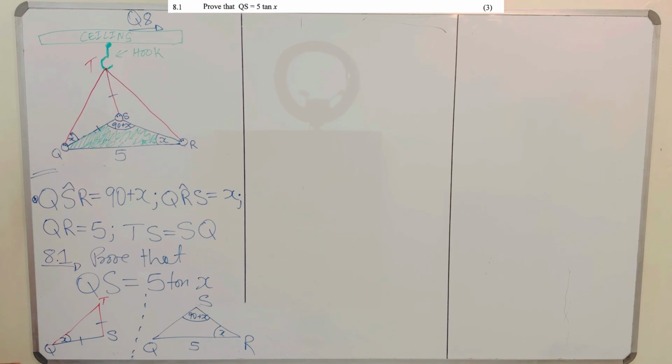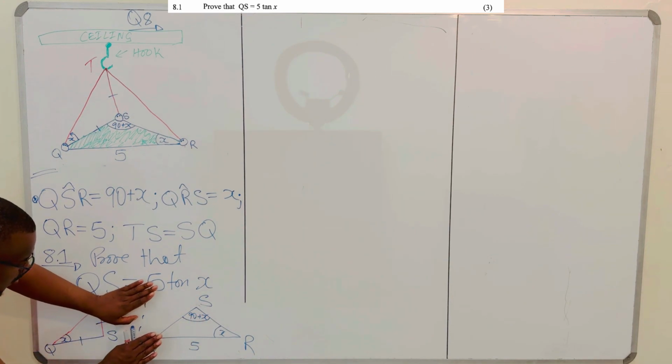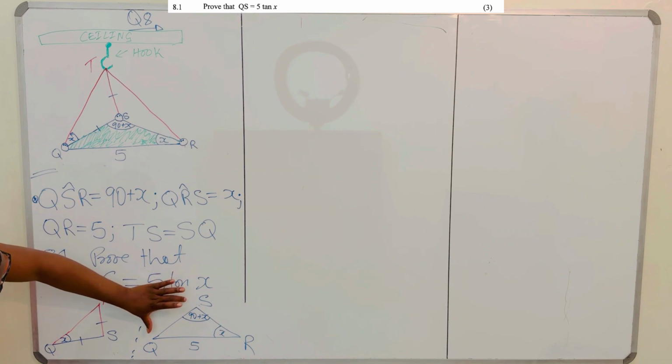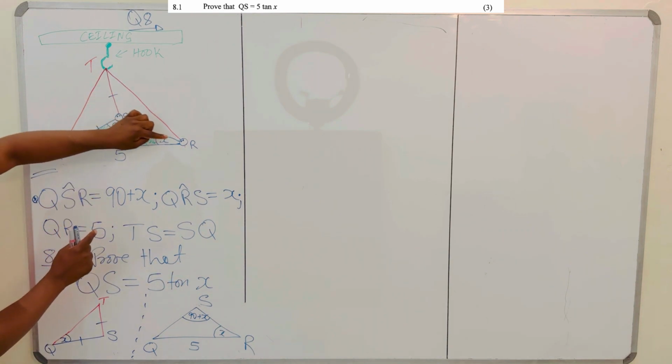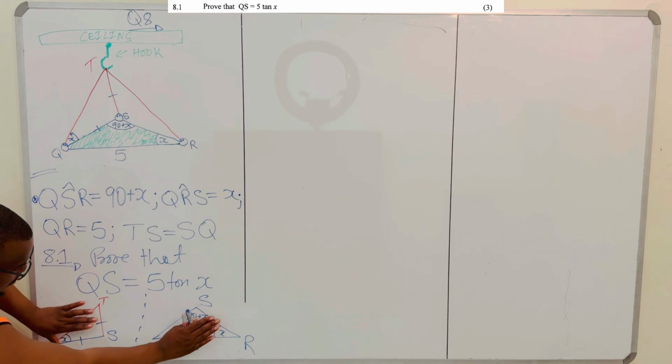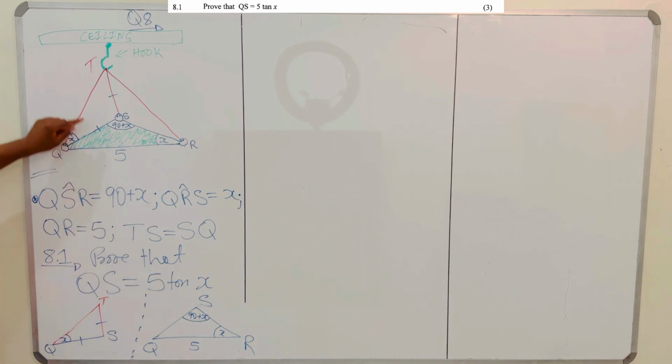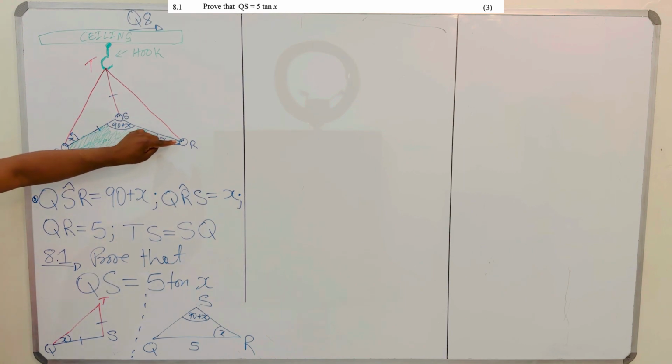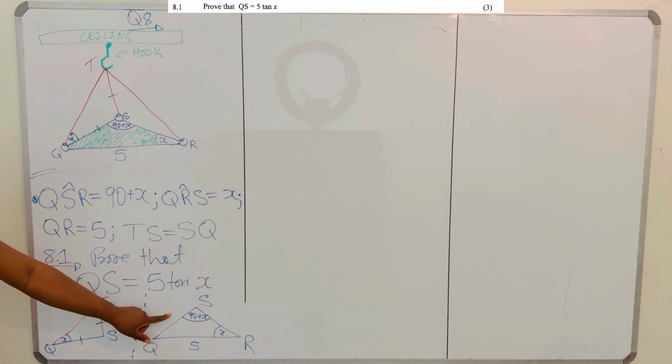If you're looking at this triangle, you want QS, this distance or that distance. This is the same length, because if I connect them like this, if I move this one to join it here, it will look like this thing here. If I move this one to this position here, it's going to look similar to this one. Not a problem. So you want QS here, which is the same as the QS over there, right?